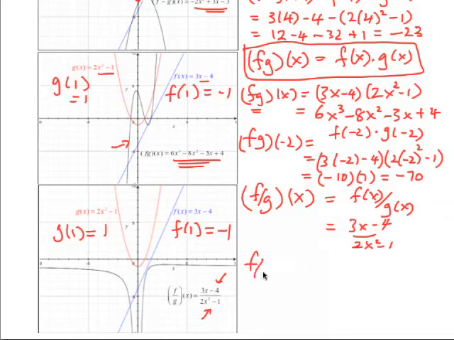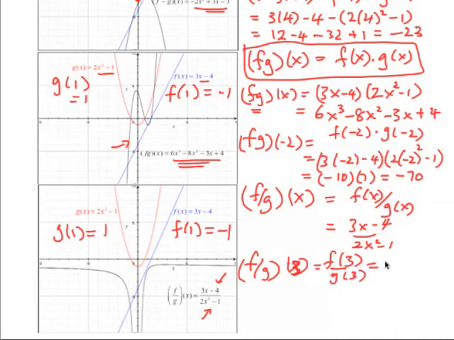So let's have a look at f divided by g of our function, and in this case here we want to find it at the value, say 3, so let's put 3 in here. So this will be f of 3 over g of 3.